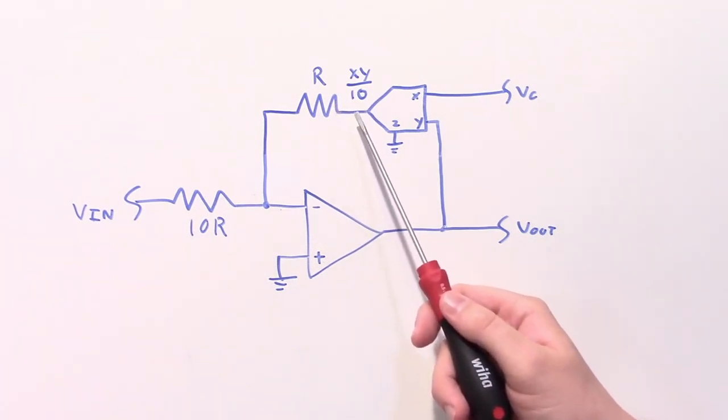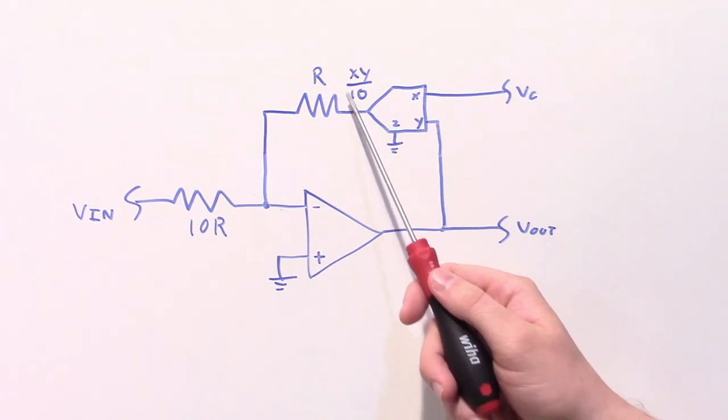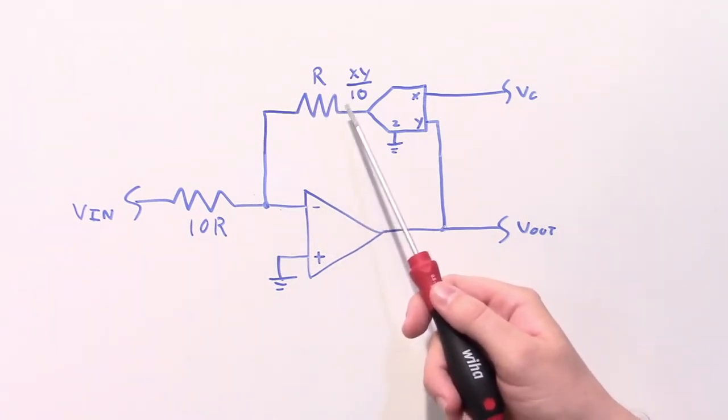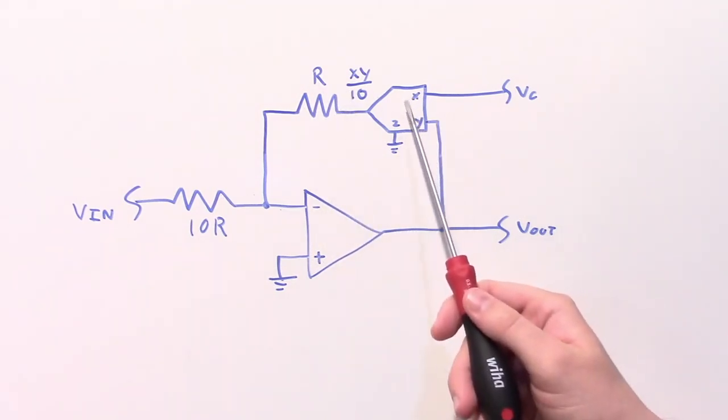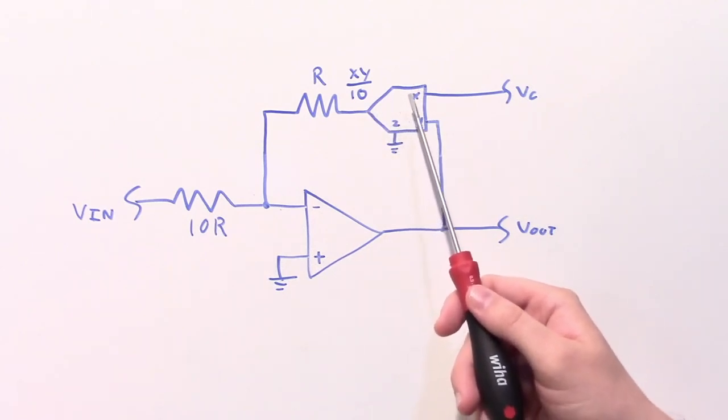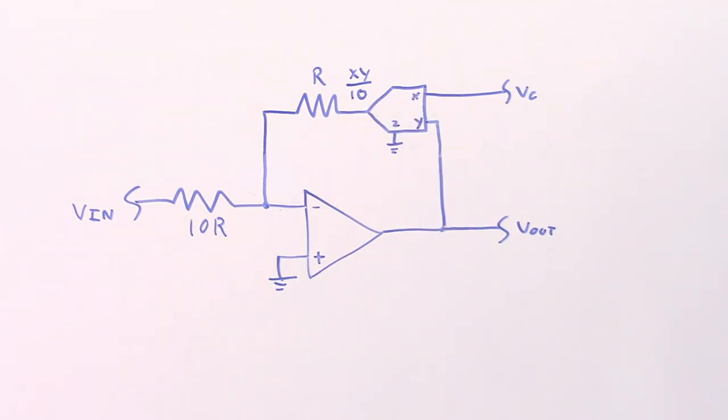So in effect, we are artificially decreasing the resistance of this feedback resistor by amplifying the voltage through this analog multiplier. So this lends itself very well to applications where you need a voltage-controlled amplifier or a voltage-controlled filter.